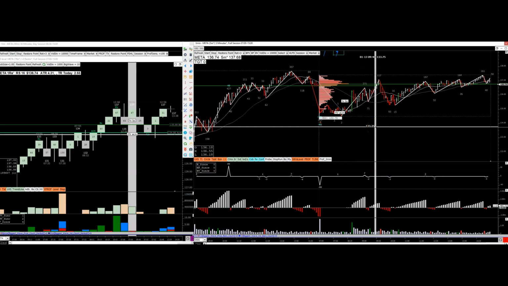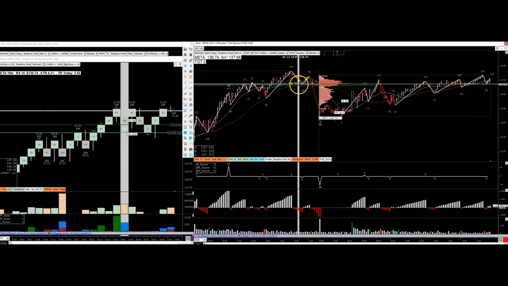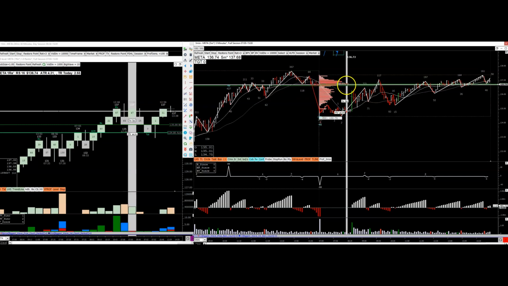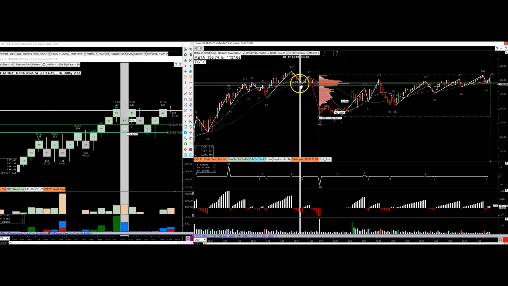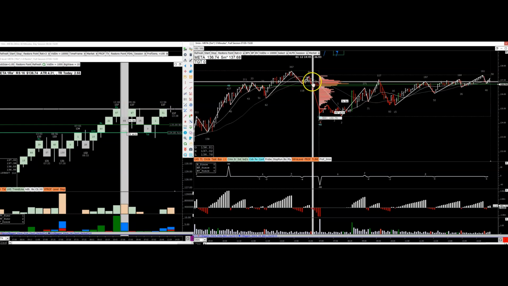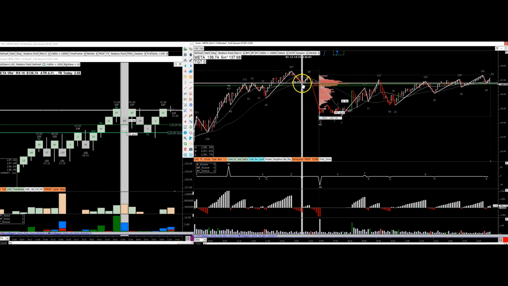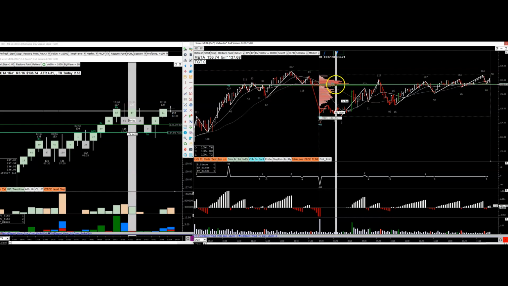Why? Because that's where you should get out, right? It's good for targeting. And you have also that broken support ledge right there. That's where that POC is. It's broken support, right?